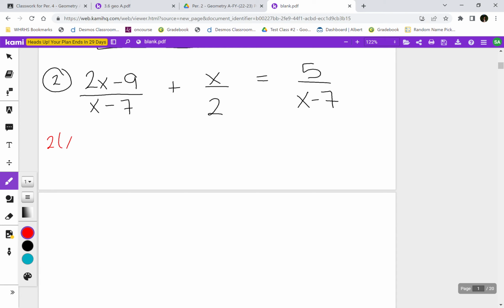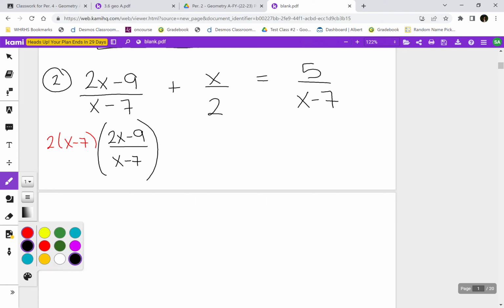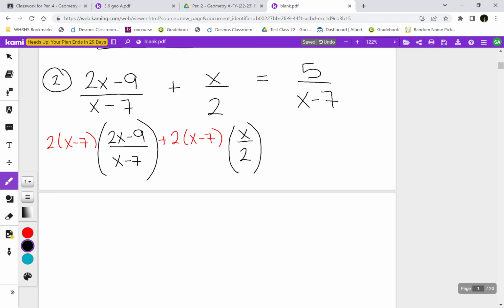So we're going to have 2 times the quantity of x minus 7 times 2x minus 9 over x minus 7, plus 2 times the quantity of x minus 7 times x over 2, equals 2 times the quantity of x minus 7 times 5 over x minus 7.